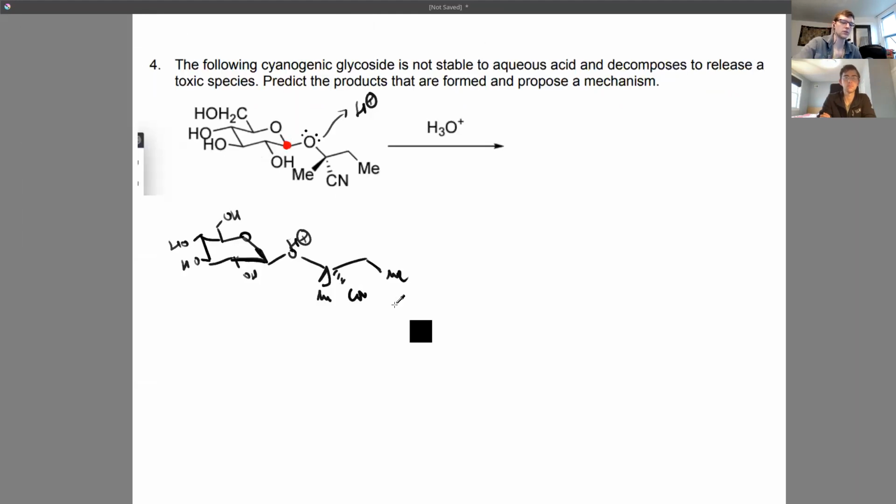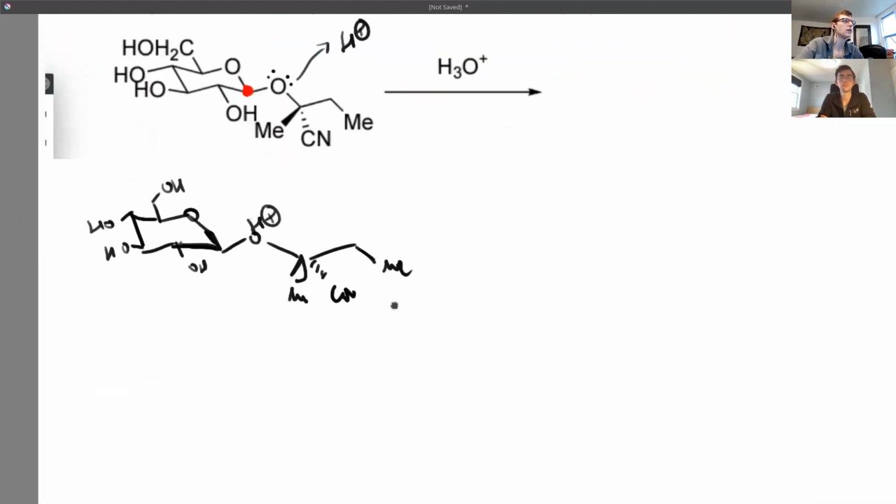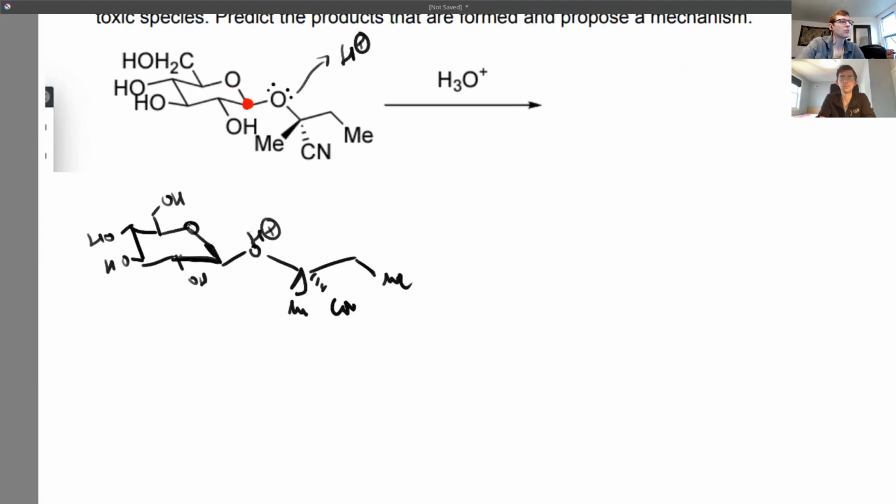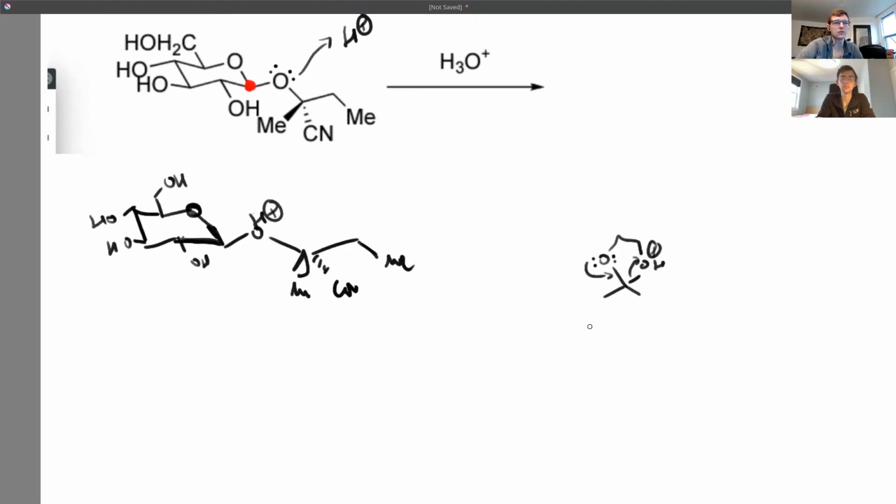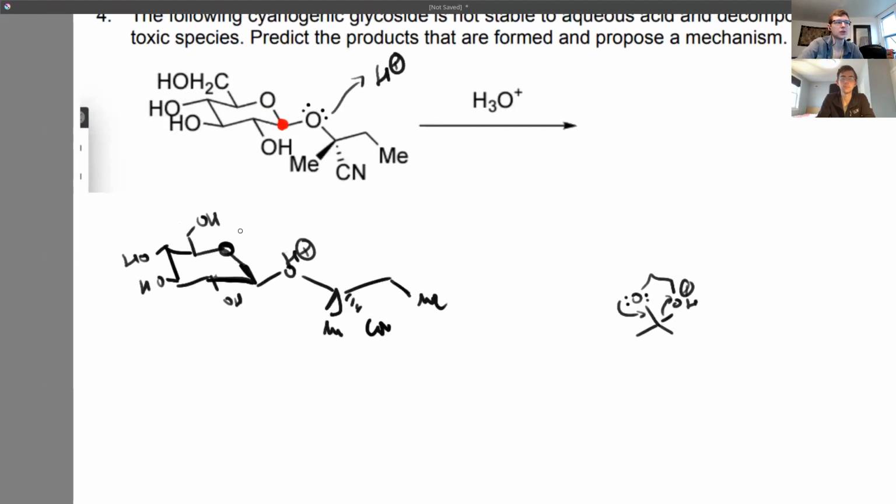And now how do we break the acetal? Remember, when we have acetals, normally what we would do is, if we had something like this, we would protonate here. And then this would kick this off. So let's just do the same thing.